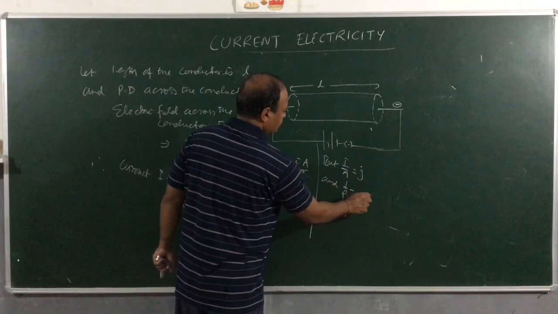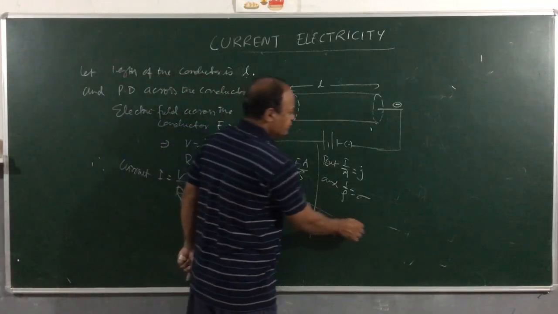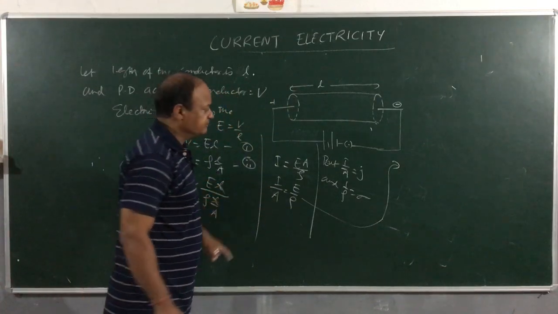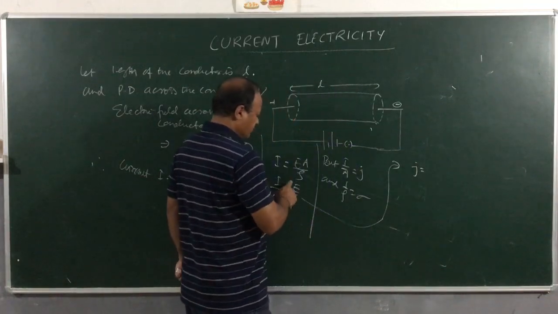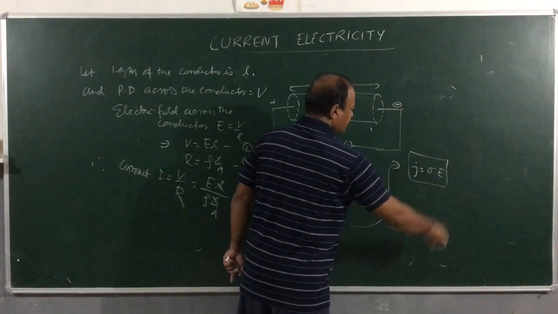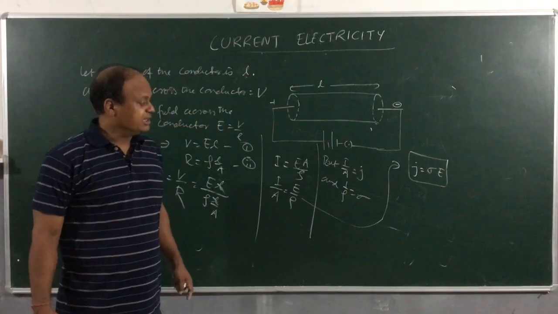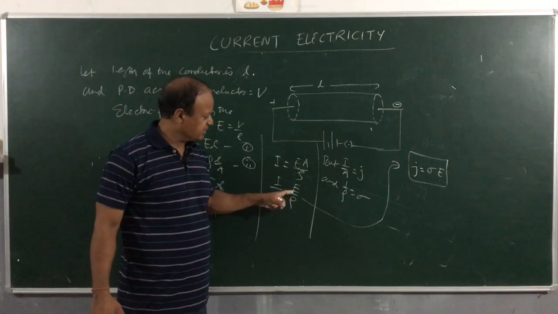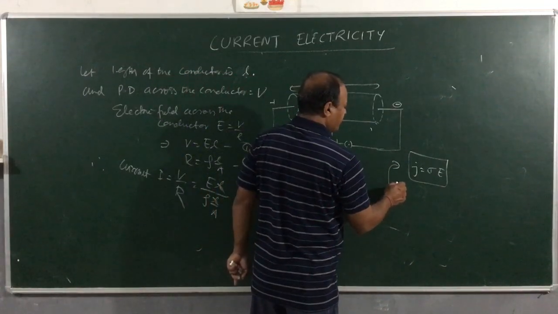So if I substitute these values out here, then what do I get? J is equal to 1 by rho into E, that is sigma into E. Now this is a very important relation, it comes in exams also as a derivation. Current density J is equal to sigma into E. And this is in vector form.